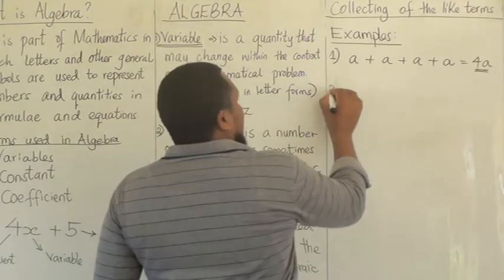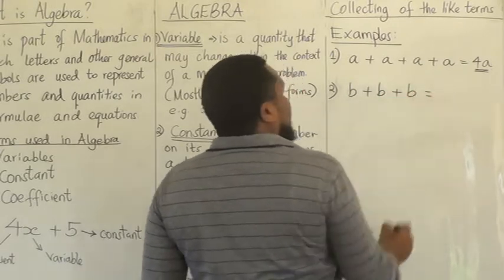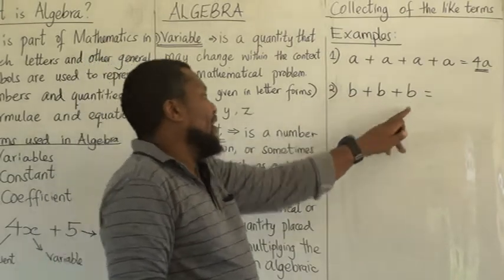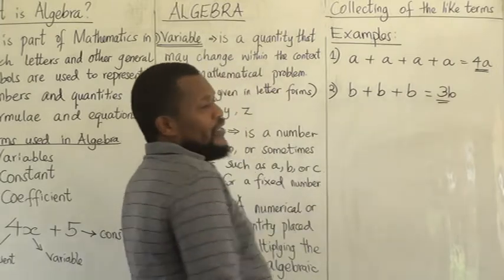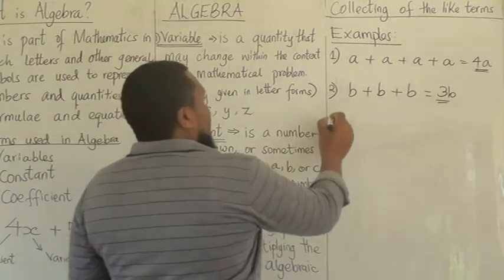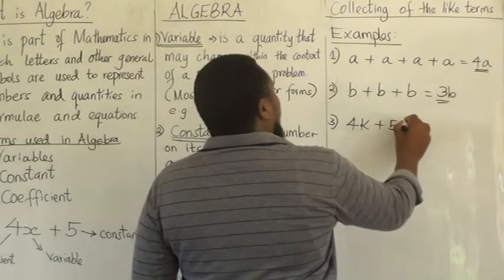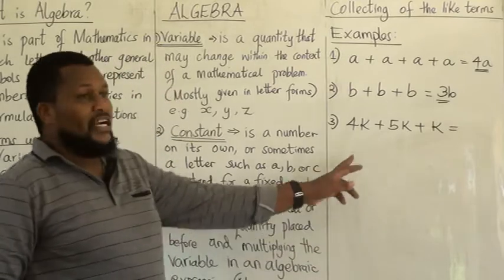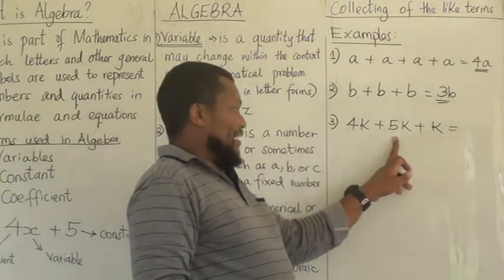We can have B plus B plus B. How many B's do we have? We count them: 1, 2, and 3. We have 3 B's. That is it. We can have 4K plus 5K plus K. What we only need to do here is add 4 plus 5.